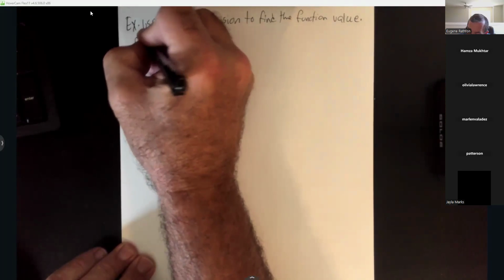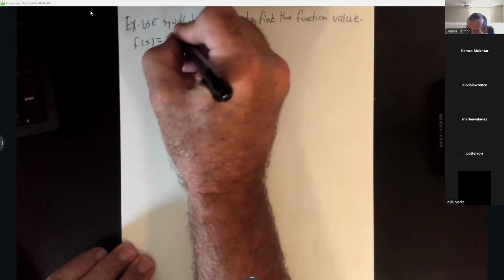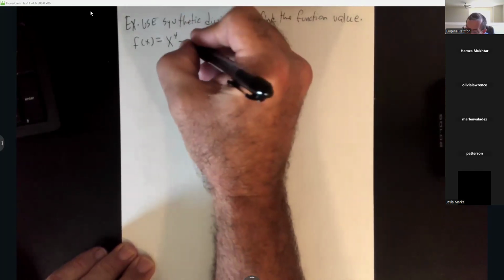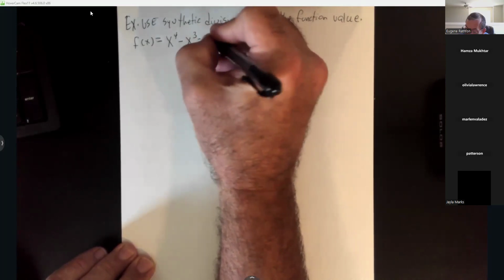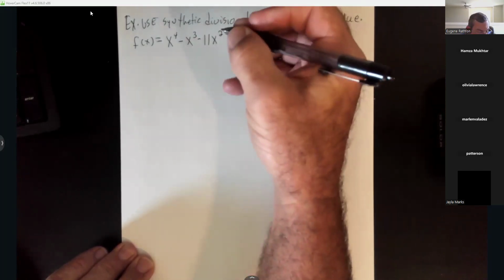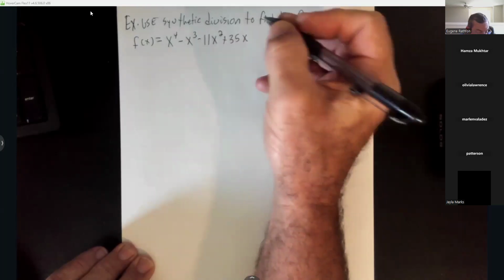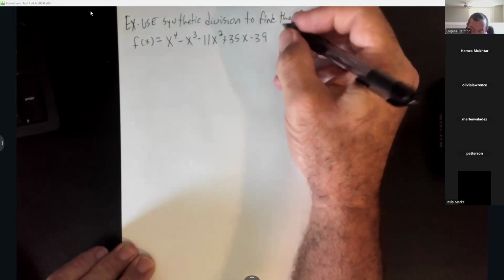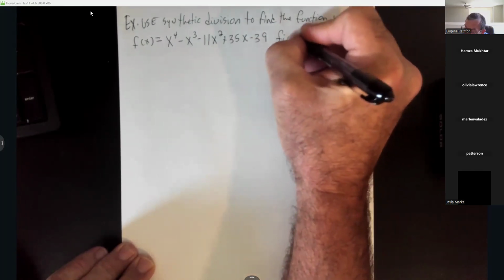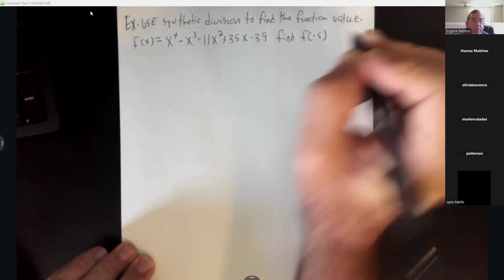On this one, they're giving me f of x equals x to the fourth minus x to the third minus 11x squared plus 35x minus 39. They want me to find f of negative 5.